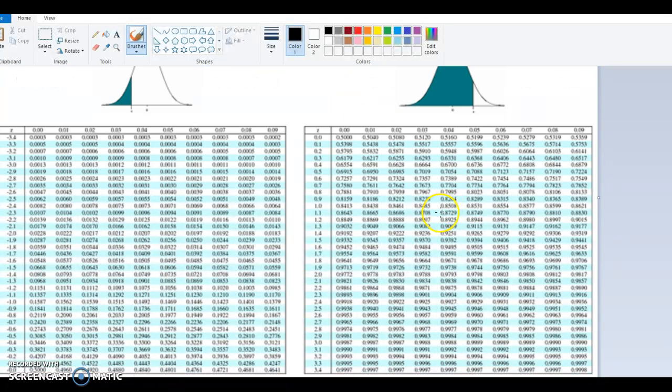Where I would go is 0.9750, and I see that that is a z-value of 1.9, and 6 over here, so 1.96. That is the value that's going to leave me with 2.5% on this side and 97.5% on this side.